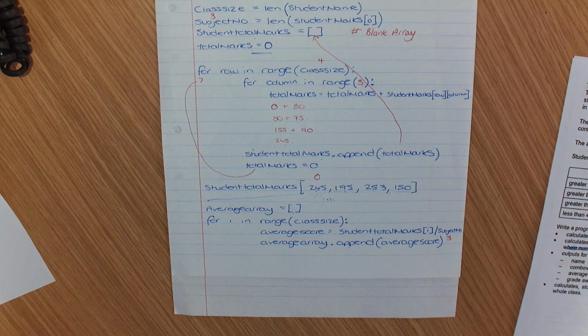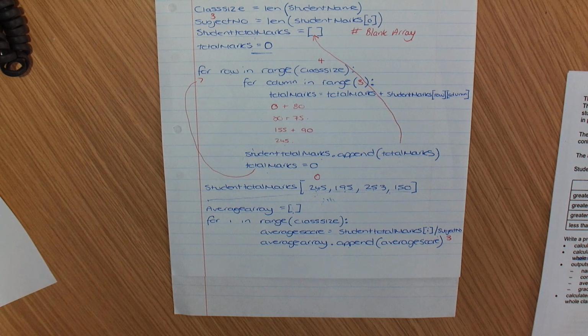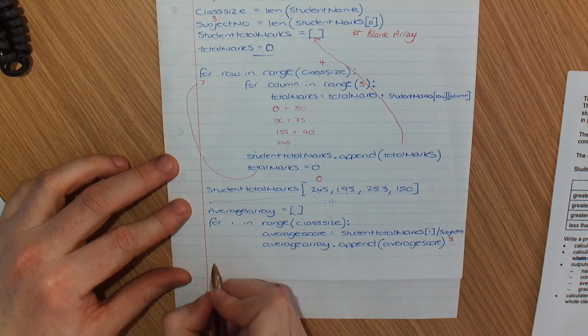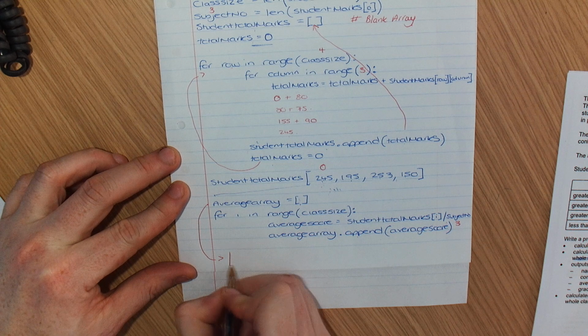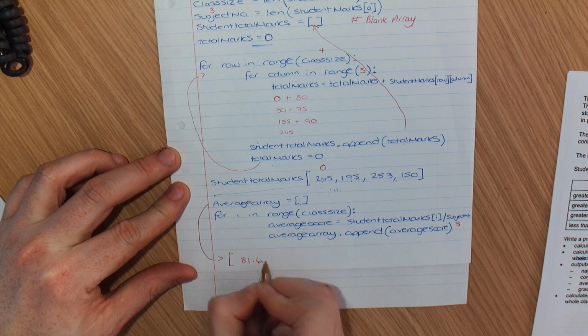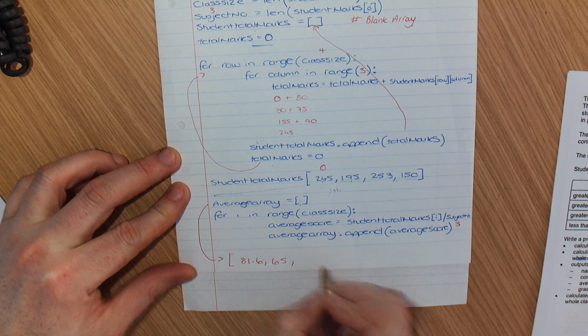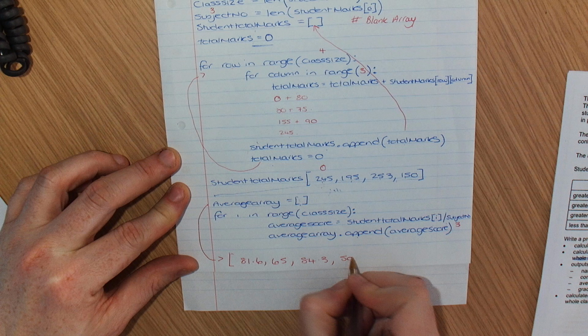So what I've ended up with is the average scores, which should look like, just so you're aware of what that average array would look like, this list, this one here, should look like this, if my maths is right: 81.6, 65, 84.3, 50.